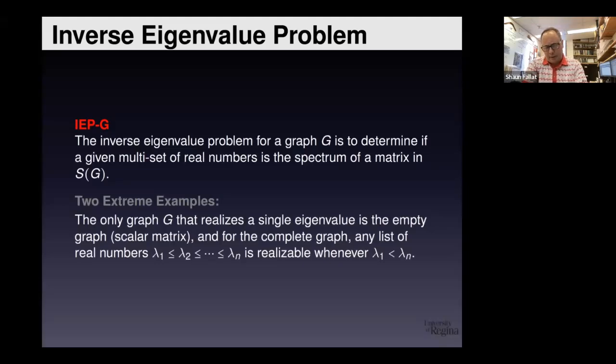I'll just say here quickly that in a couple of obvious cases, the only graph that realizes a single eigenvalue, of course, is the graph that has no edges, because you're only playing with scalar matrices. And on the flip side, if the graph is complete, then the inverse eigenvalue problem is solved. Basically you can realize any list of n numbers you want for the complete graph, as long as there's at least 2 distinct in the collection.